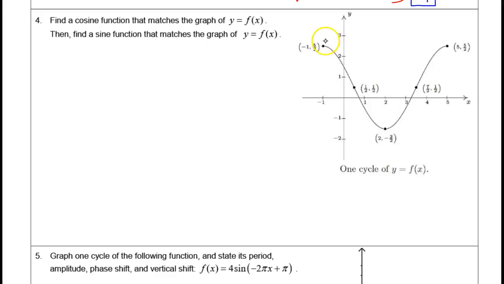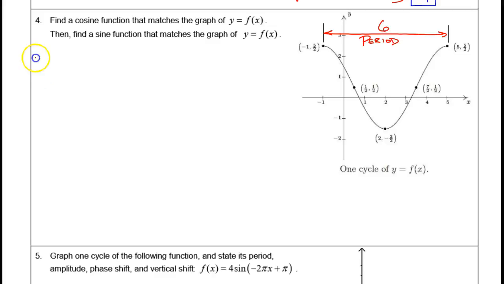We're gonna start by looking at this distance right here. So from here to here, that distance is known as the period. So that is the period of this function, one complete cycle. And that from negative 1 to positive 5, that's 6 units. So the period of this function is 6.